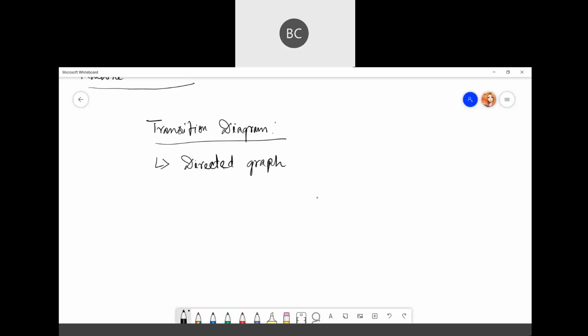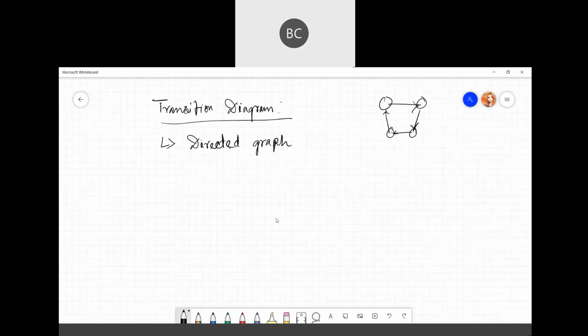I hope you remember what a directed graph is from your third semester. A directed graph consists of nodes and arcs, just that there will be a direction to each arc. So a transition diagram is nothing but a directed graph.